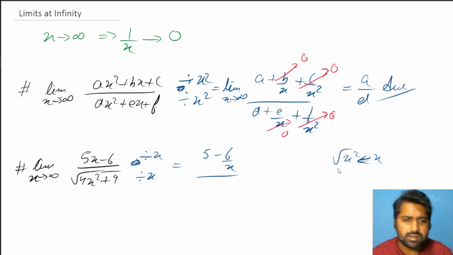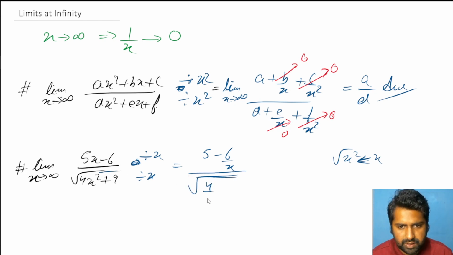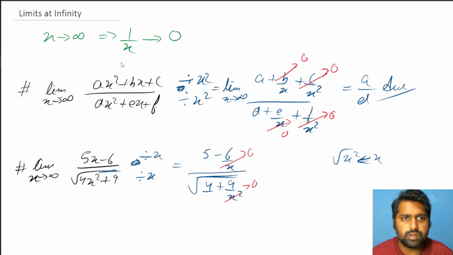Try to think in reverse. This division with x means division with x square inside the square root. So inside the square root, it will be 4 plus 9 by x square. Now same thing, 1 by x is tending to 0, so remove it. The answer is coming 5 by root 4. That's 5 by 2. That's the answer.